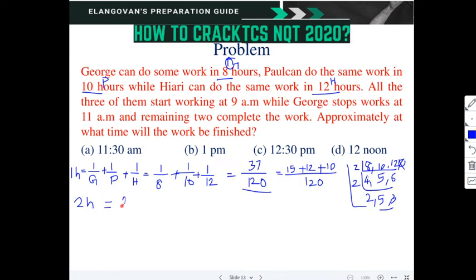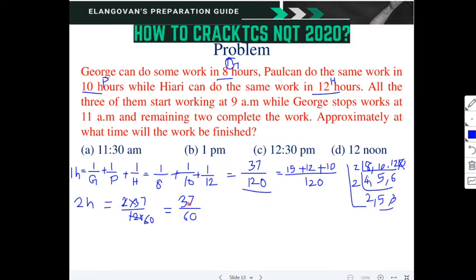So the total work completed is 2 into 37 by 120, which is nothing but 37 by 60. That is, out of 60 parts of the job, 37 parts of the work are completed from 9 a.m. to 11 a.m. by all the three, George, Paul and Harry.